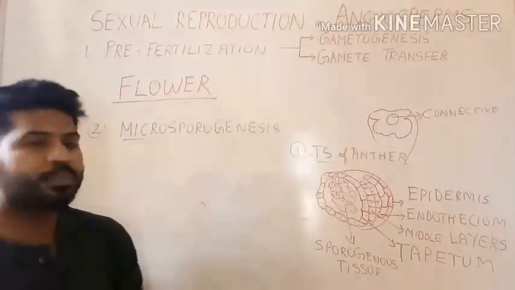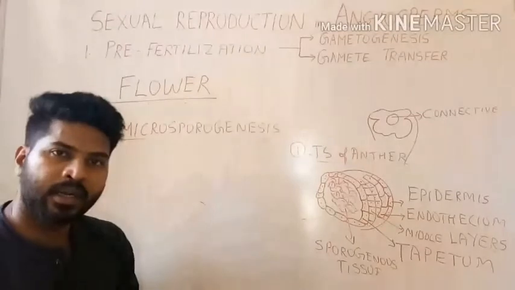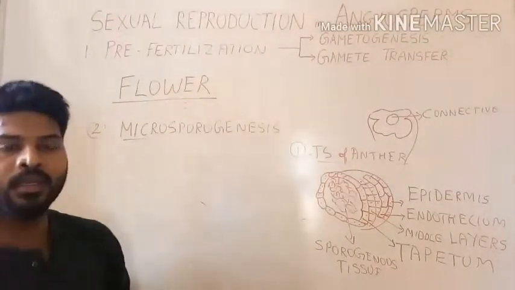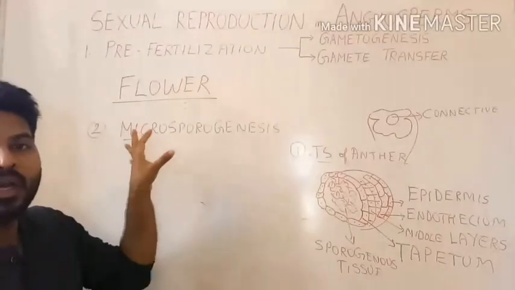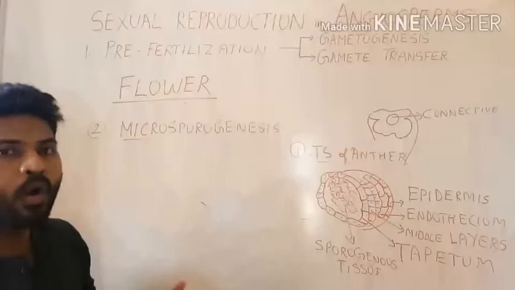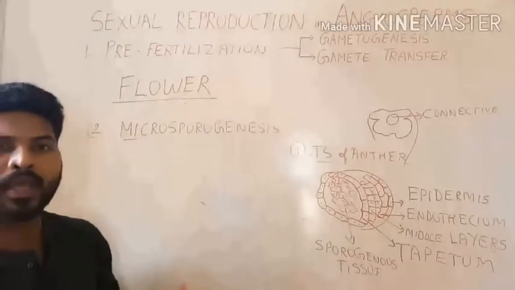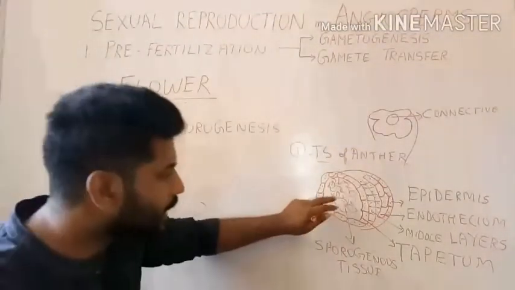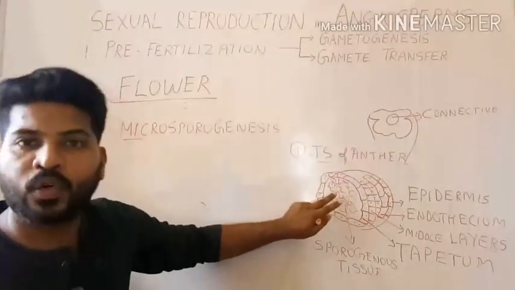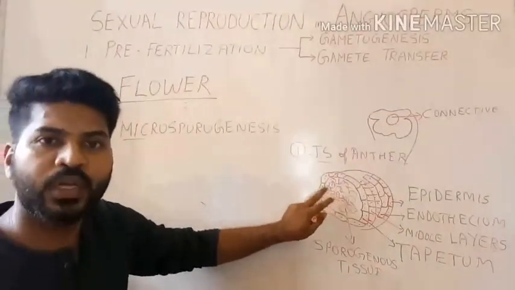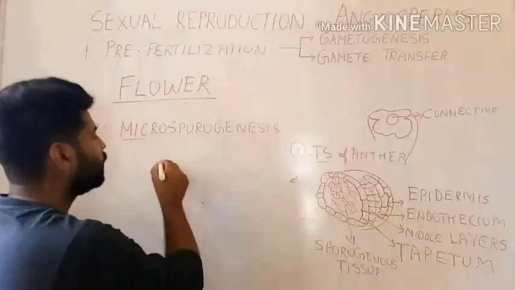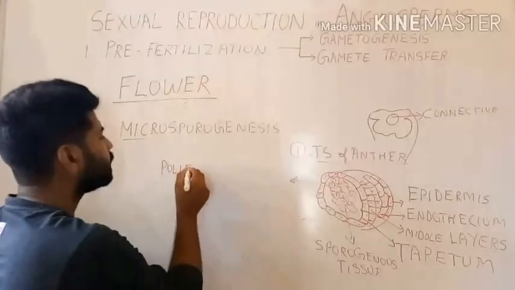So, microsporogenesis can be defined as the process where microspores are produced by the microspore mother cell or pollen mother cell by meiosis. Each cell in this tissue can undergo division. Therefore, each cell over here acts like a pollen mother cell.